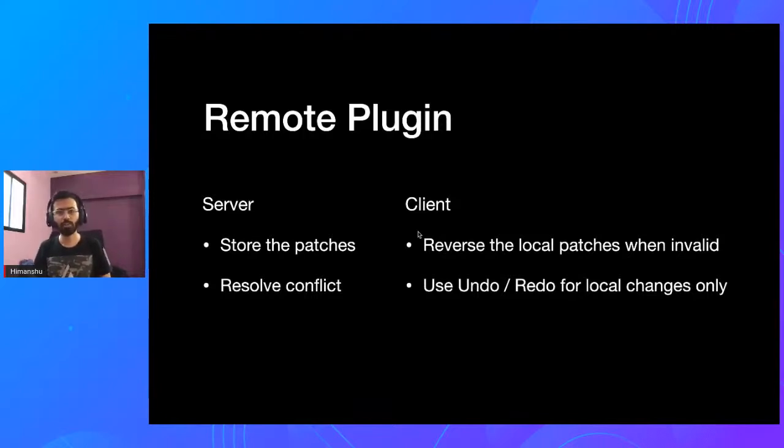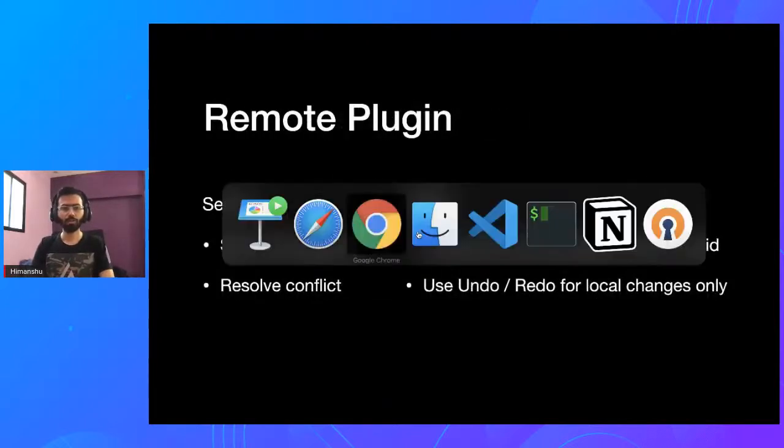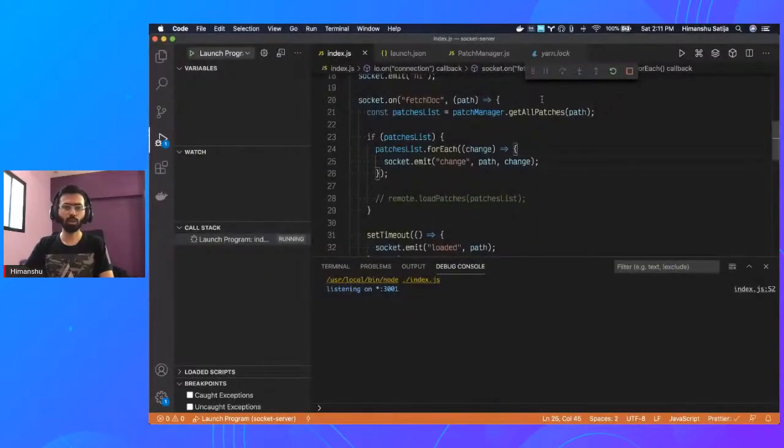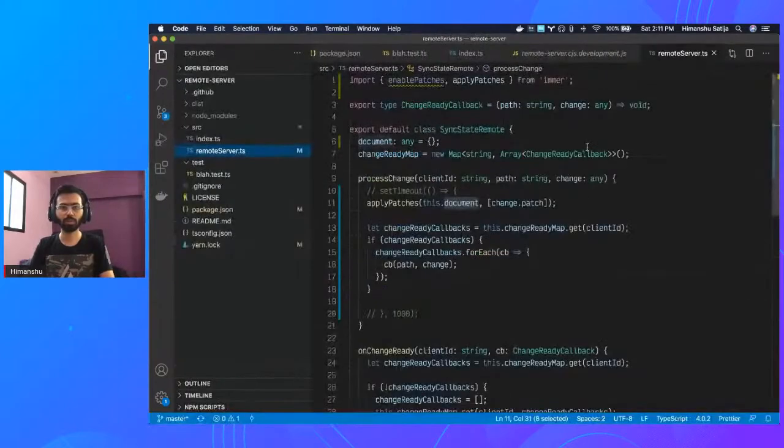And on the client side, we have to handle the reversing of local patches when they are invalid, and the undo redo functionality also needs to be managed with this plugin on the client side. I'll just show a basic, working code of how that works.